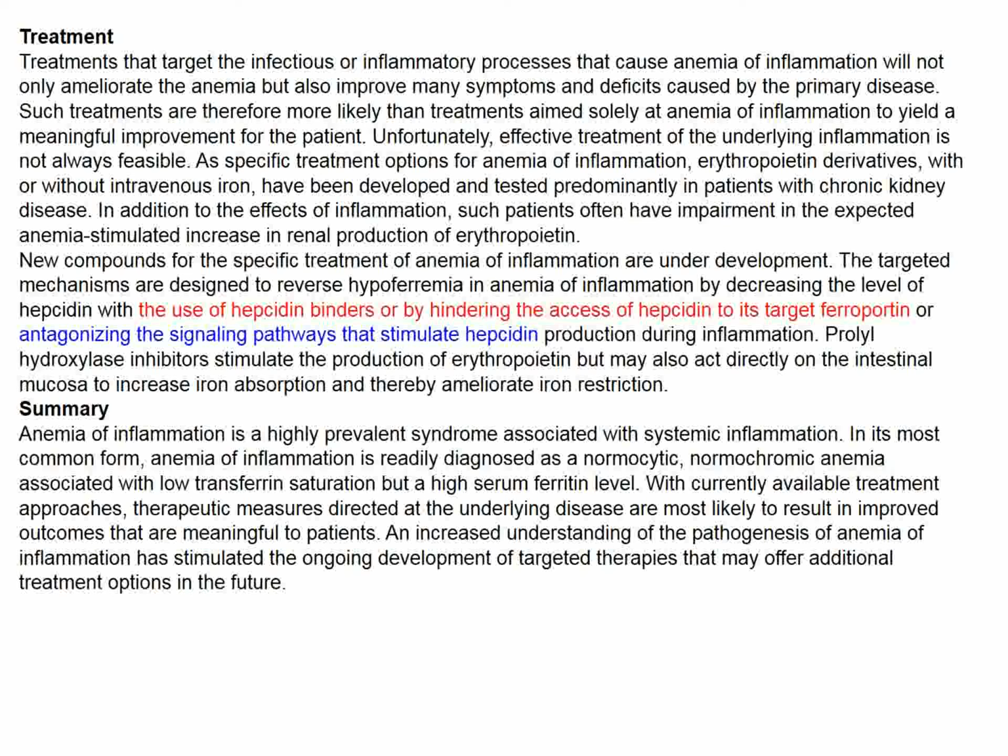Then, is there anything that can be done here? There are various discussions of perhaps binding the activity of hepcidin by means of hepcidin binders, or hindering the access of hepcidin to its target ferroportin, or antagonizing the signal pathways that stimulate hepcidin.